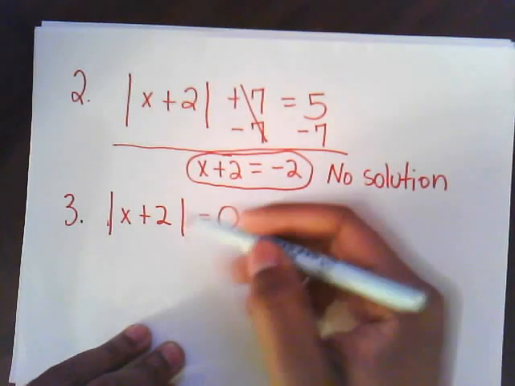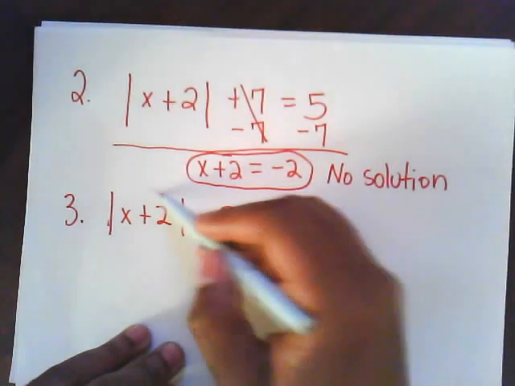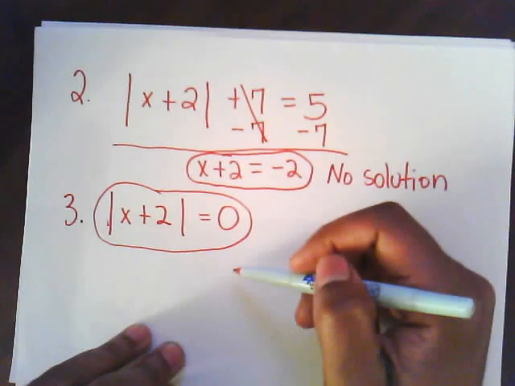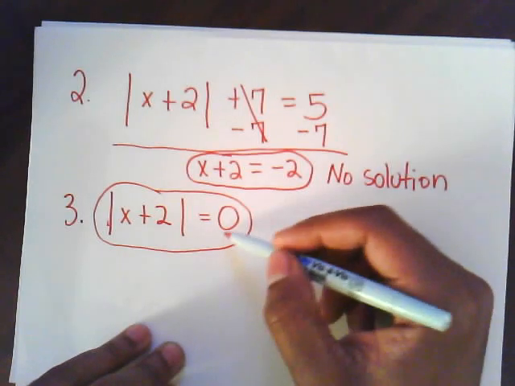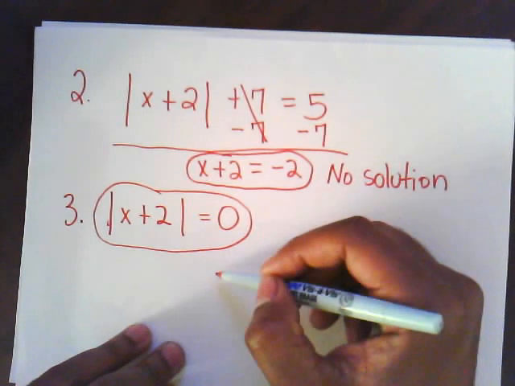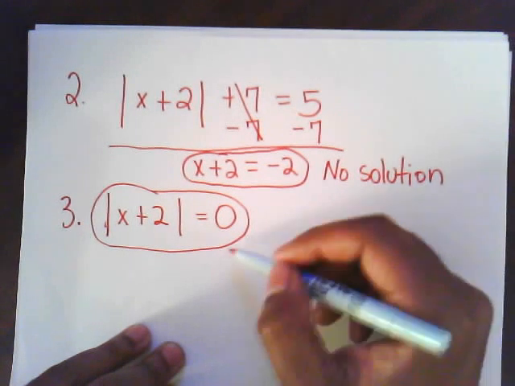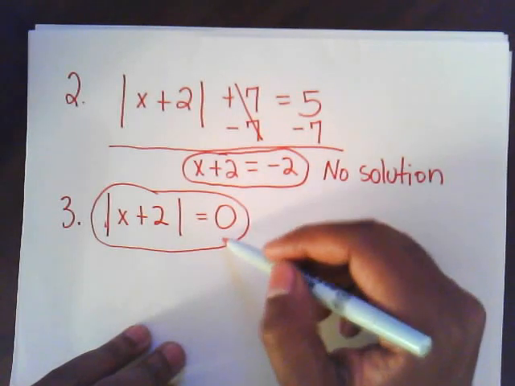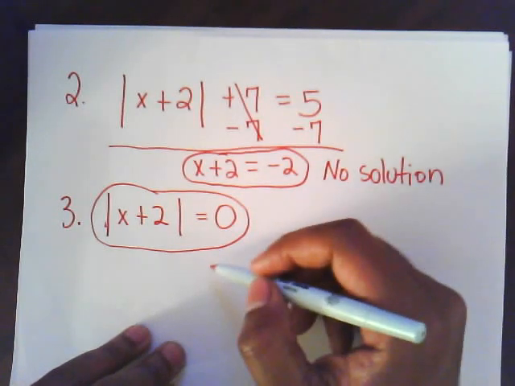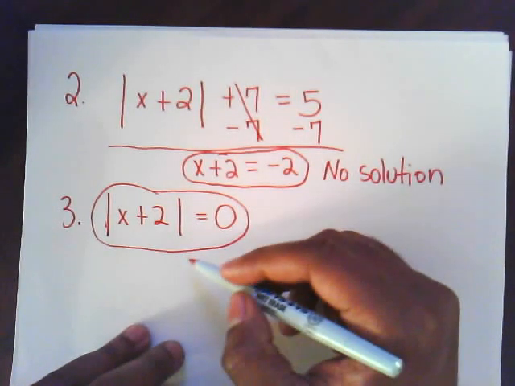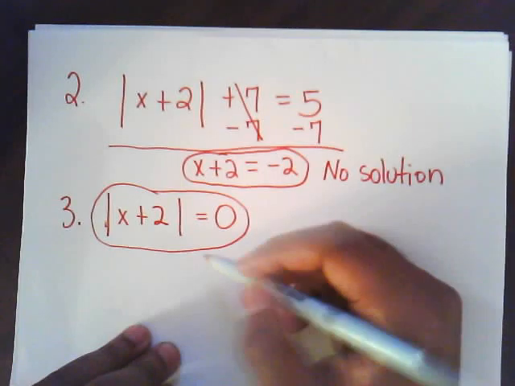Now, we circle the equation, and we look to see what the equation equals. It equals 0. So we're going to determine how many answers we need. Well, whenever what you circled equals 0, then you always are only going to have one answer.